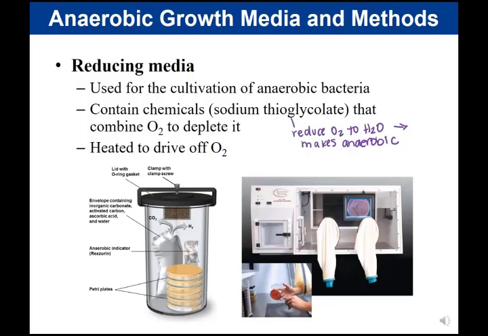And therefore it allowed us to culture those anaerobic bacteria. So we could use reducing media, we could use the anaerobic jar. In some cases, we actually use anaerobic chambers, which is what you're seeing on the right here. And so that environment in there that you're working with is going to be anaerobic, and it allows you to culture anaerobic bacteria.